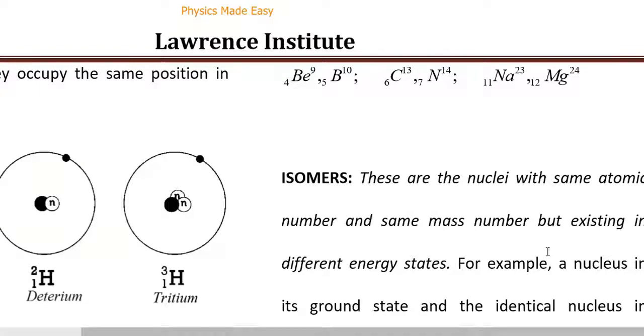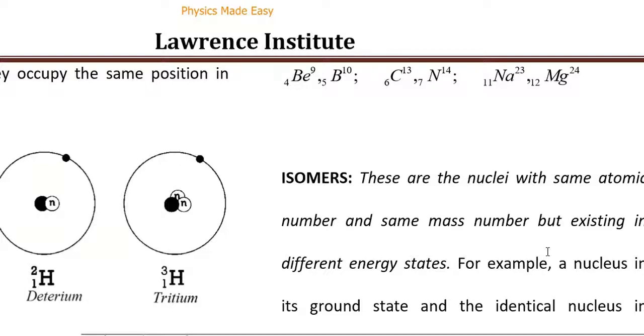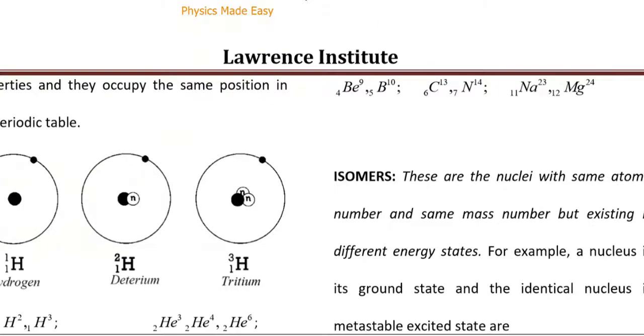And next is isomers. These are nuclei with the same atomic number and mass number but existing in different energy states. Now they have everything the same. What is the same? Same atomic number, same mass number, but existing in different states.